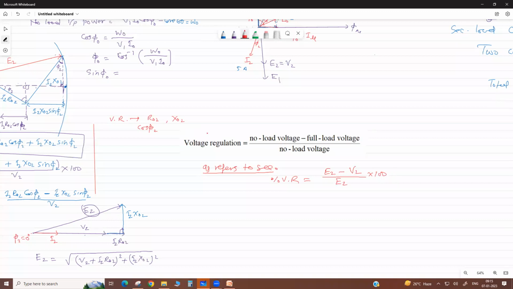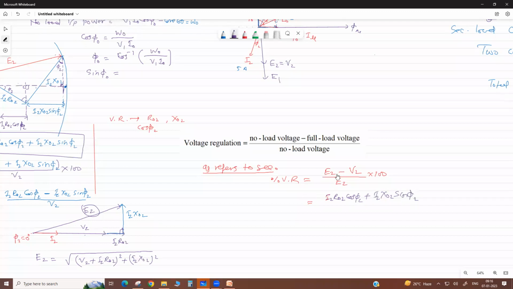Now E2 minus V2, from this phasor diagram, we calculate as referred to secondary side: I2 R02 cos phi 2 plus I2 X02 sin phi 2.